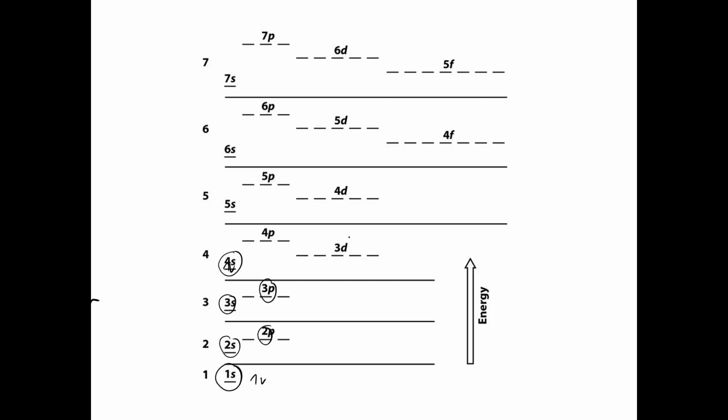An empty 3d orbital is higher in energy than a 4s orbital. But what happens as you fill these orbitals, their energy changes slightly. And so the minute you populate, putting an electron in the 3d orbital, it drops in energy. And this will become important at some point.